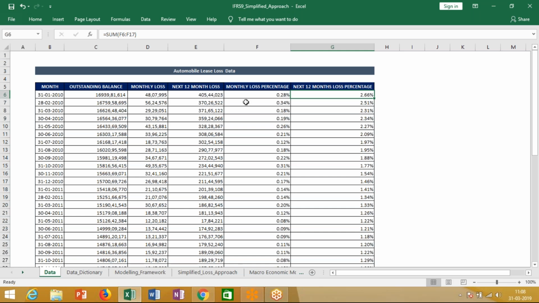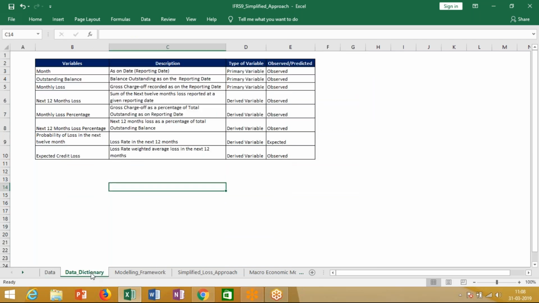Okay. In the next step, I have the data dictionary reporting each of the variables. Month is your as-on date or reporting date. Outstanding balance is your balance outstanding as on the reporting date. Monthly loss is the gross charge off, which is recorded at the reporting date.